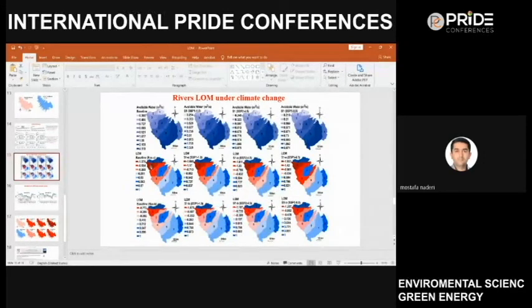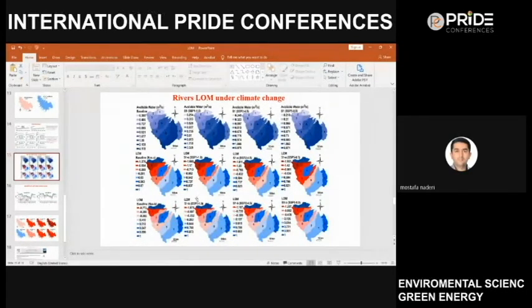Again, for example, in subbasin 5, the LOM decreases from minus 1.3 to about minus 1.7, minus 1.8, and minus 1.95. But the improvement of water use efficiency increases the LOM even under climate change.